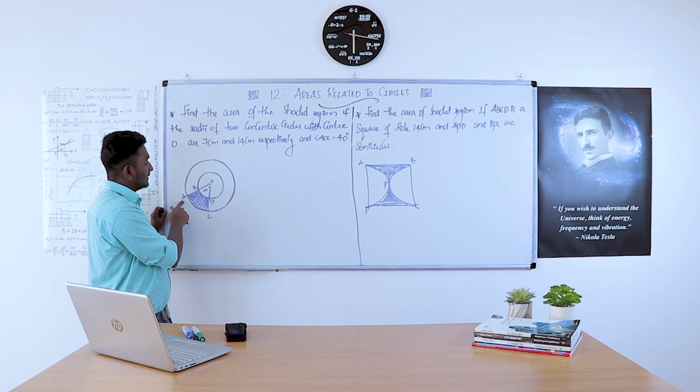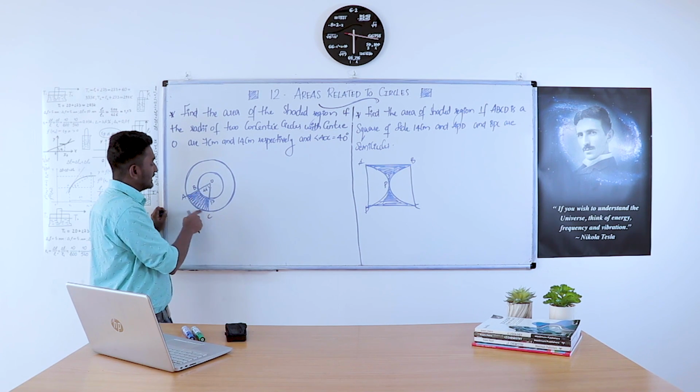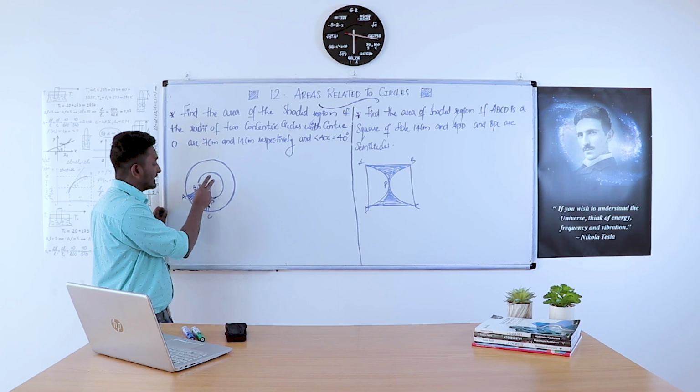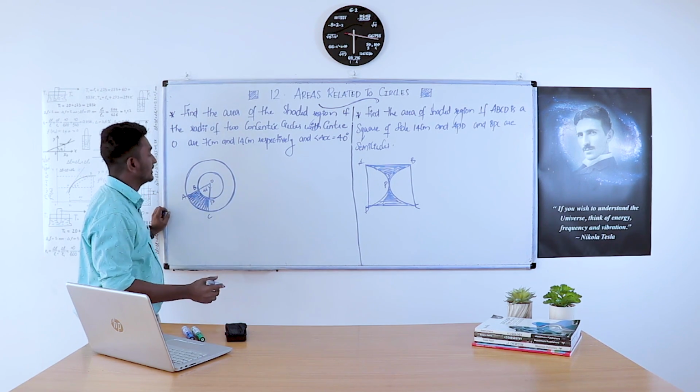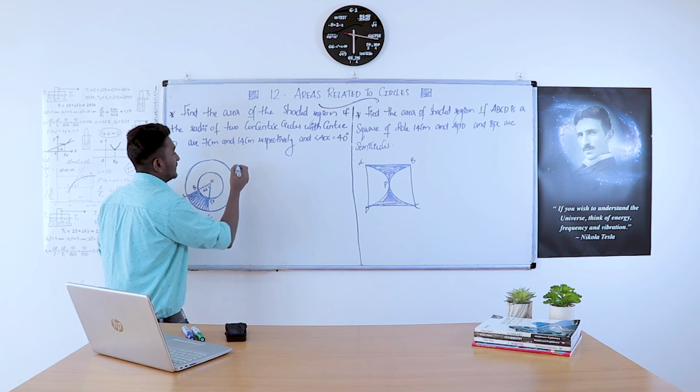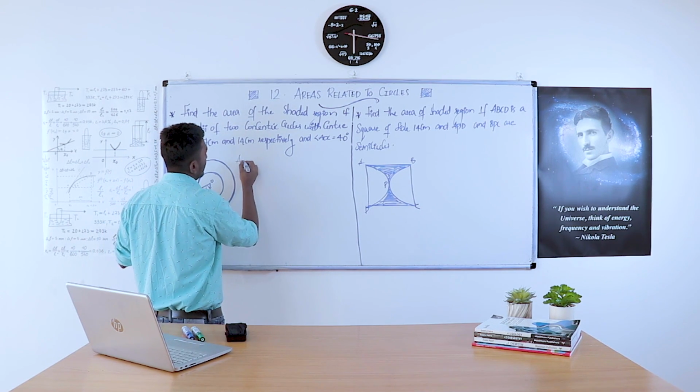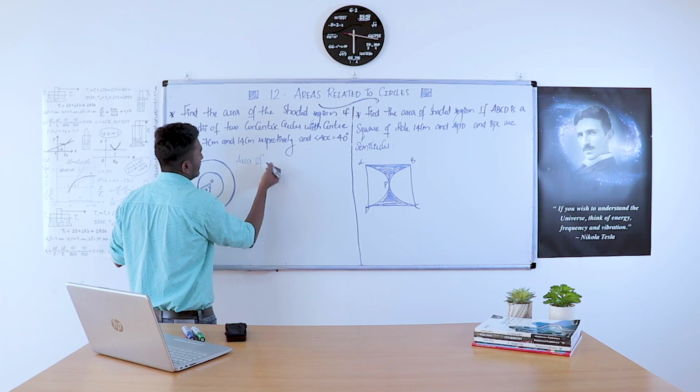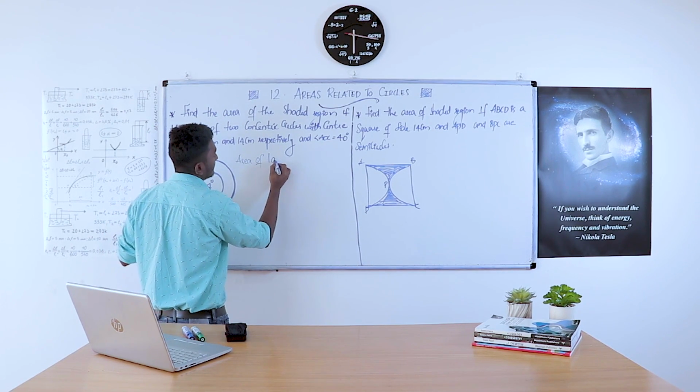When we consider AOC as the sector, we get the total area. When we consider BOD as the sector, we get this much area. So subtracting the area of the smaller sector from the area of the larger sector gives the area of the shaded region. First I am finding the area of the larger sector.